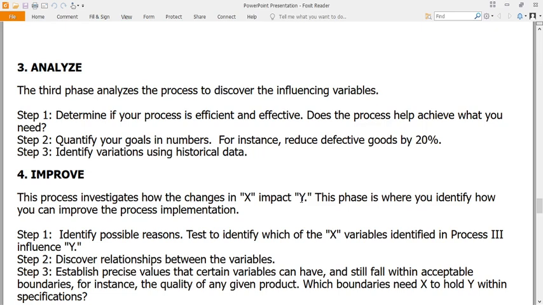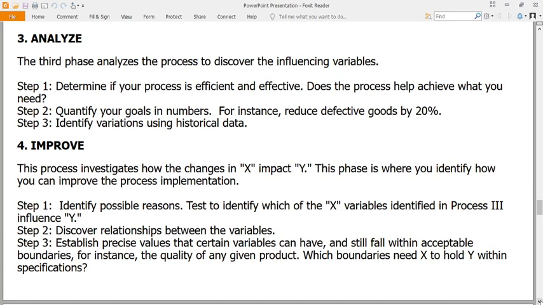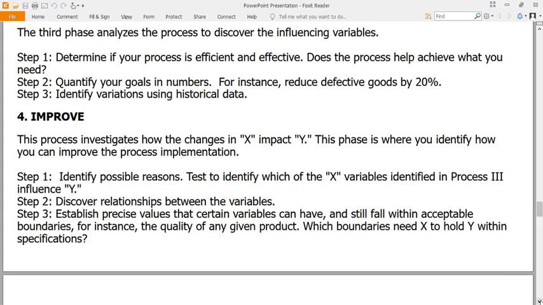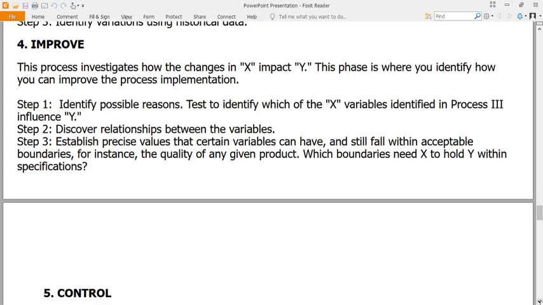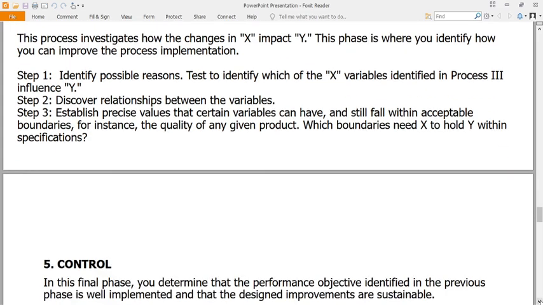So you identify the possible reasons and then test to identify which one influences more the desired goal. Then discover the relationships between the variables, or between the solutions. Some could be related, and then establish precise values of certain variables. So if some solutions need to be merged, that is when you merge.